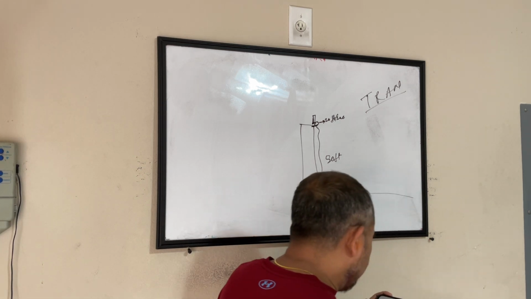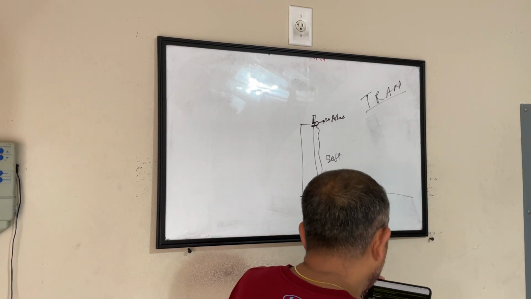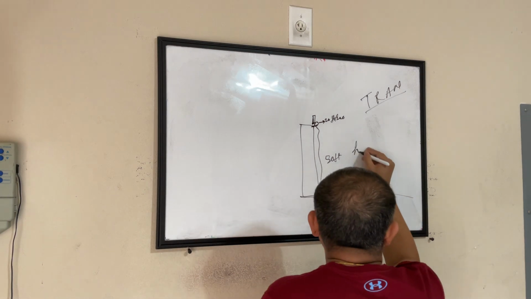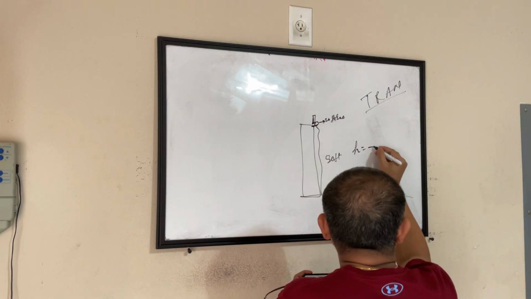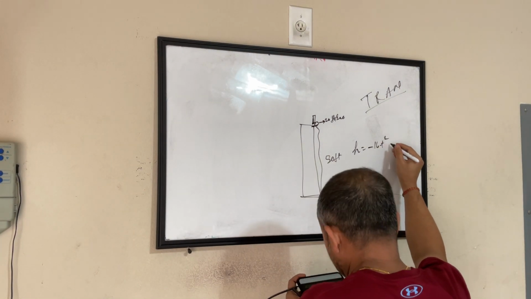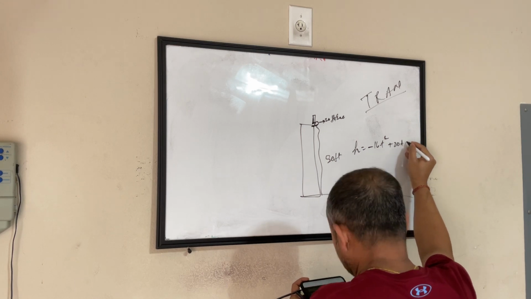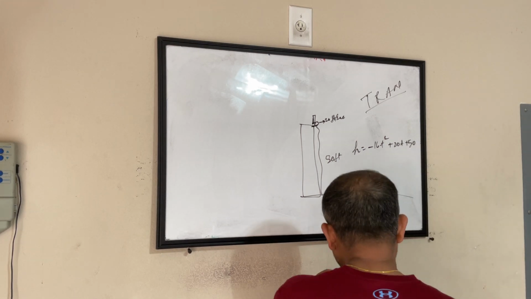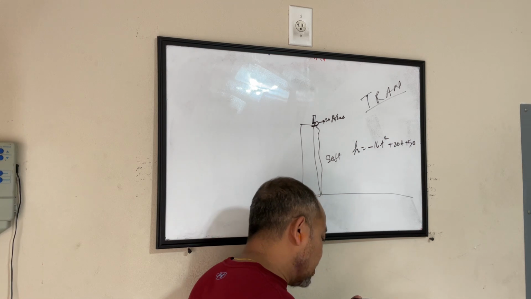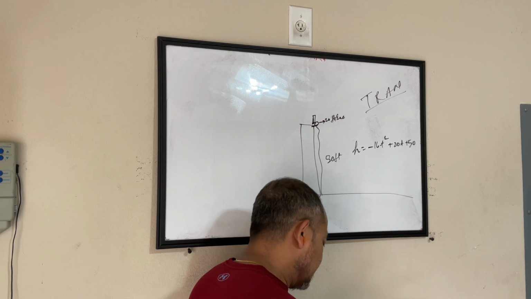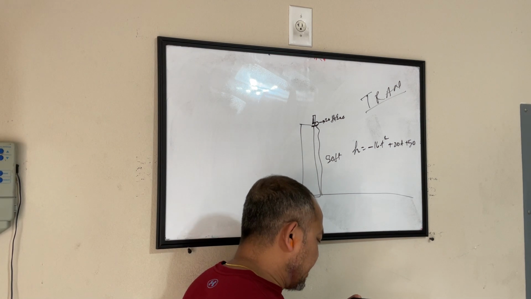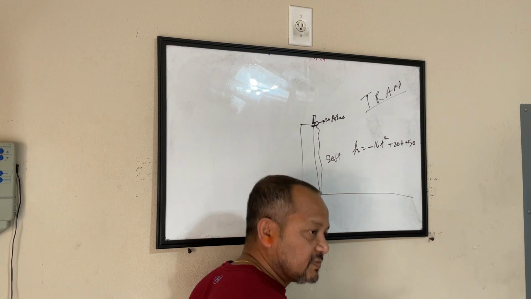The equation H equal to minus 16t squared plus 20t plus 50 can be used to model the height of the ball after t seconds. About how long does it take for the ball to hit the ground?